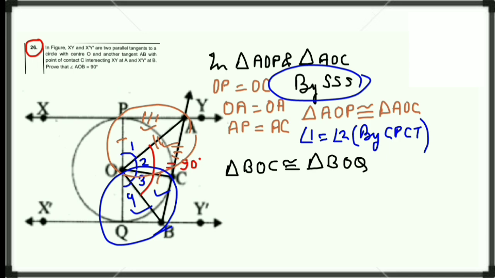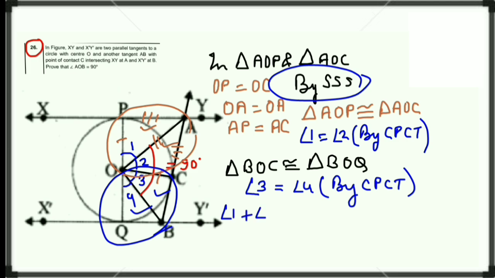If these two triangles are congruent, then we can write angle 3 equal to angle 4 by CPCT.